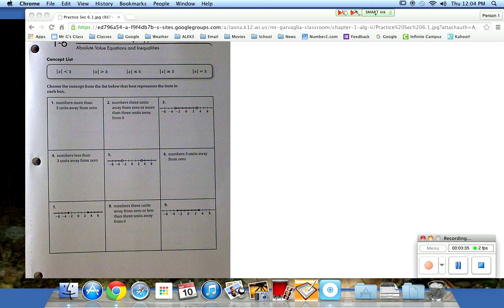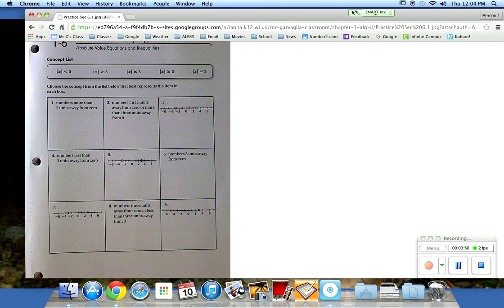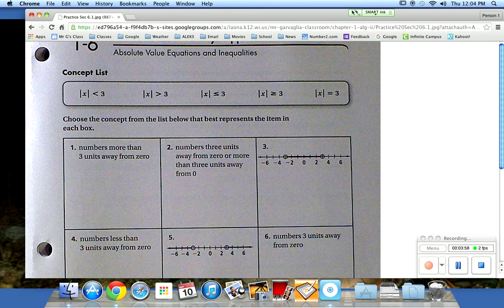All right. So we know what an absolute value is. We're putting absolute value to inequalities now. If you notice in here, let me make this bigger. We've taken the absolute values and we put them to inequalities.